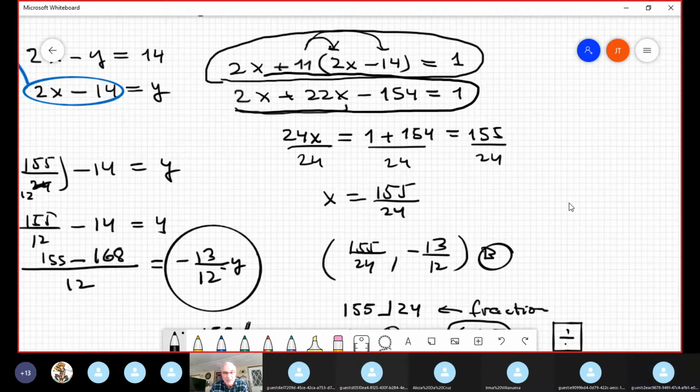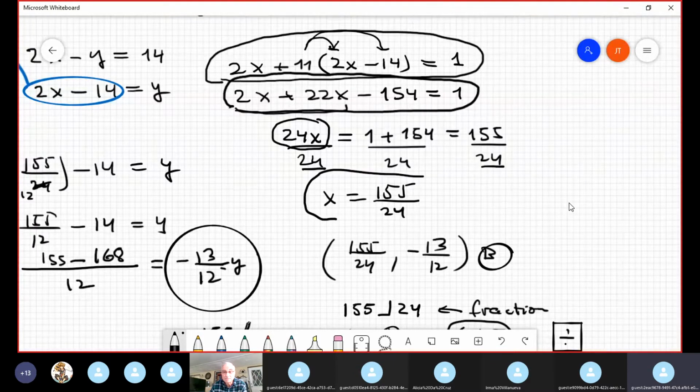Okay, after that, I realize that 2 and 22 combine, like terms, is 24. And I move negative 154 to the right-hand side like a positive. And 154 plus 1 is 155. Finally, divide by 24 on both sides.